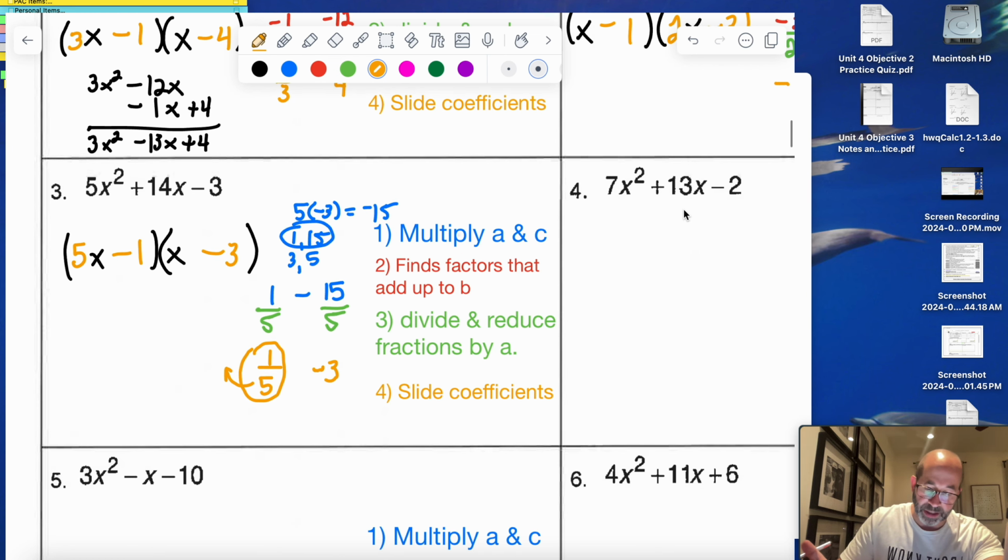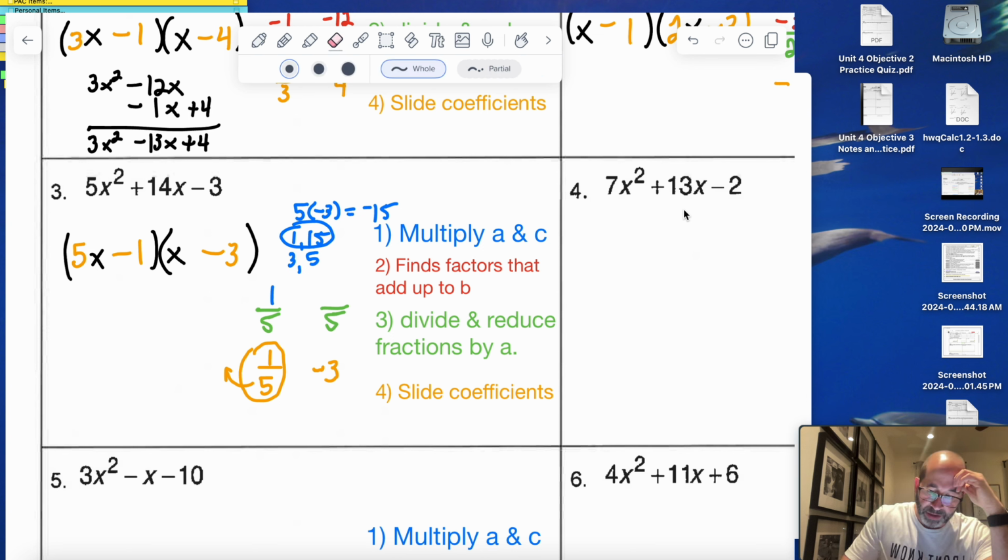Oh, I made a mistake here. Sorry, we need a positive 14, not a negative 14. So I have to go back and change some of my signs here so you guys can actually see how signs get affected by this. We need a positive 14. I don't know why I thought it was a negative 14. So we're going to have to switch some numbers around here.